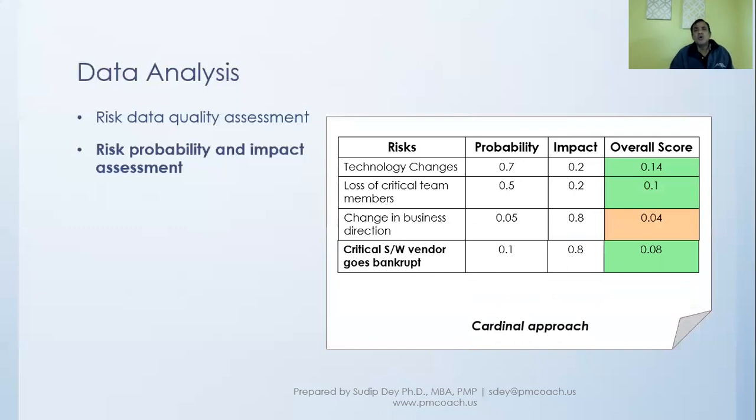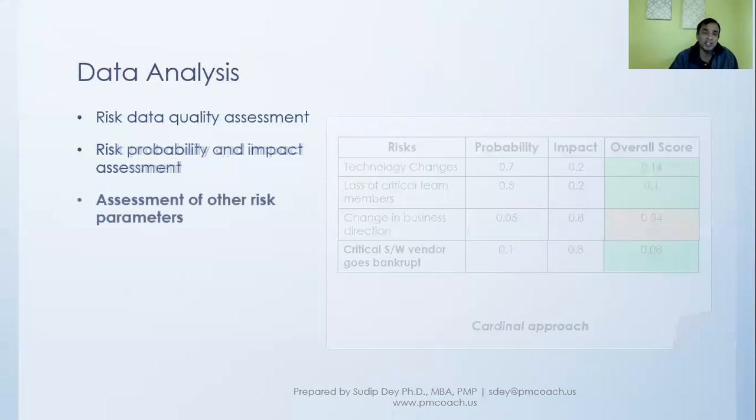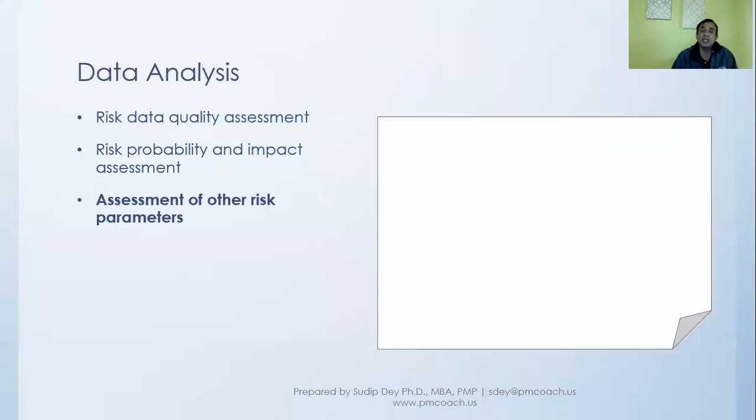So now, the way we are prioritizing these risks, we see that probability and impact play a very important part. But in addition to that, you can think of some other factors that can also be looked at when you want to decide if it is a high priority or low priority risk.